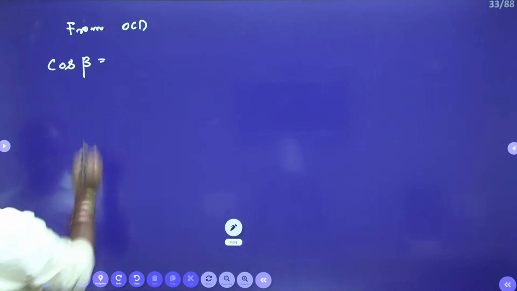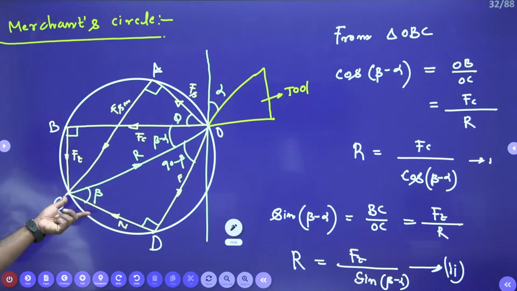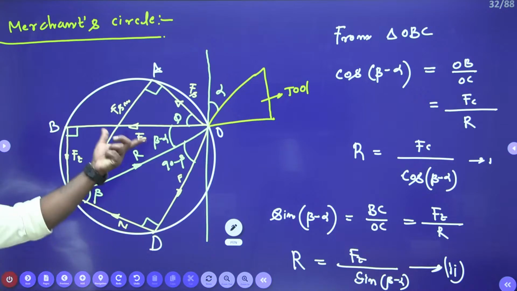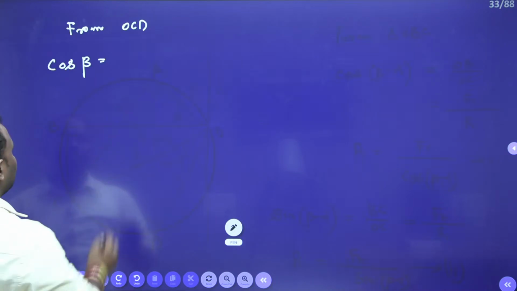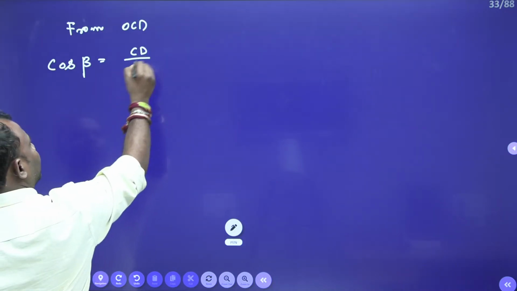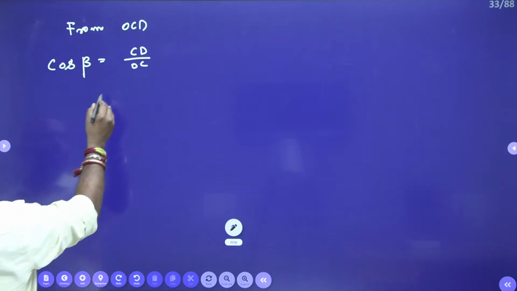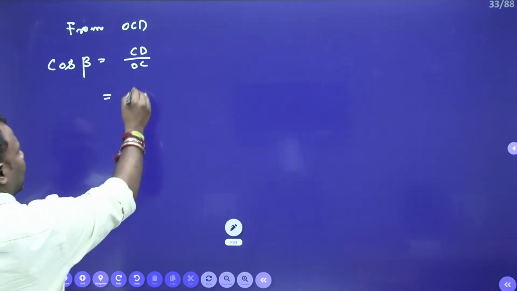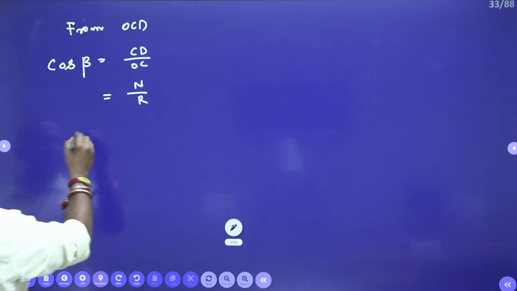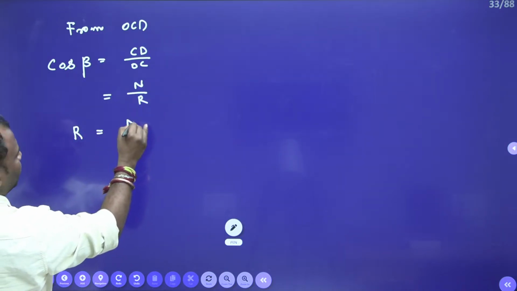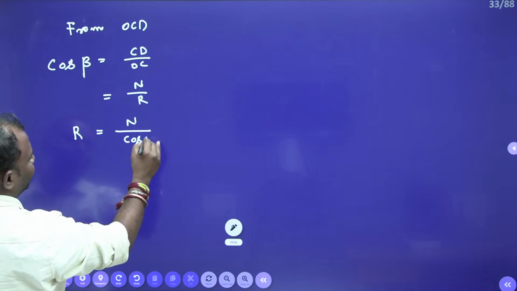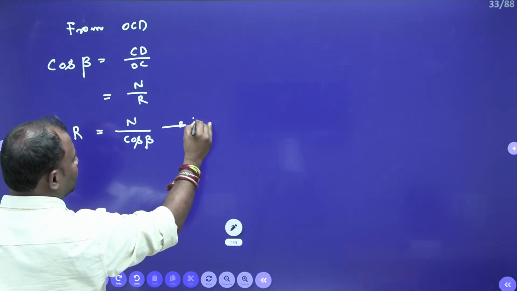Cos beta is equal to, how can we write cos? It is CD divided by OC, isn't it guys? Now what is CD? CD is N and OC is R, such that my R is equal to N cos beta. So it is again equation number 3 you say.